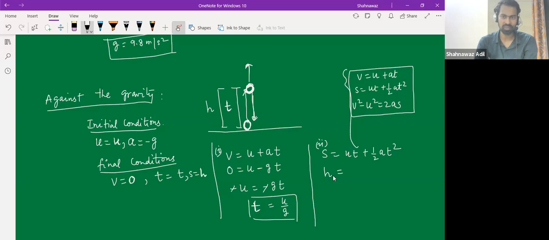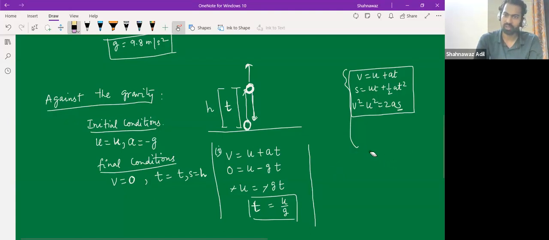Depending upon the question, whether they are asking to calculate the height or the time, or whatever they want us to calculate. So we want to calculate this h, and it is also in here. So using this equation would be easy, right? So let us use this.